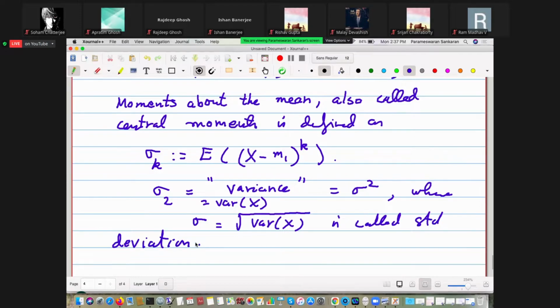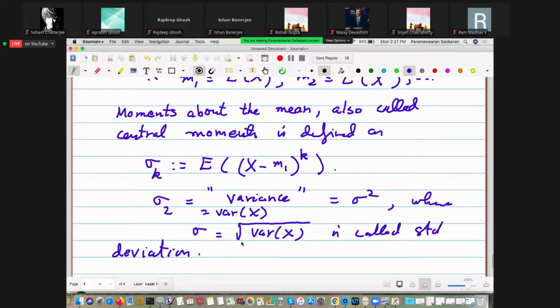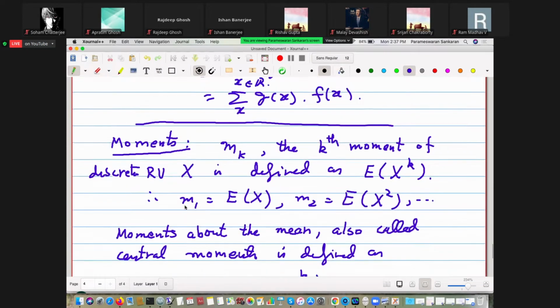Why is it that it makes sense to write square root of this? Why is it that variance is greater than or equal to 0? You see, when k is even, expectation of x power k is going to be summation over x_i power k, f(x_i). The f(x_i) are all non-negative, and k even, so x_i power k is also non-negative.